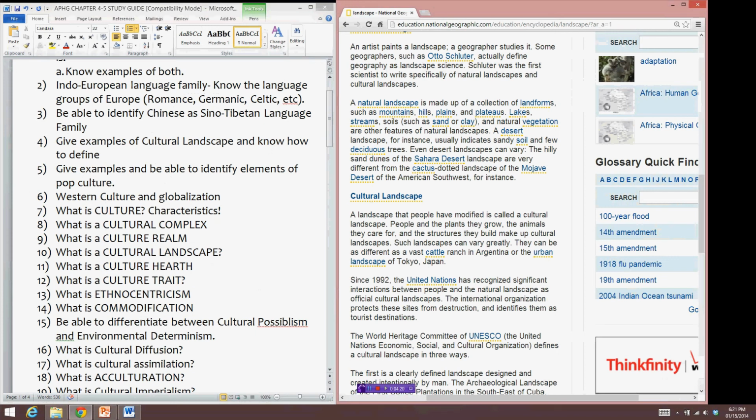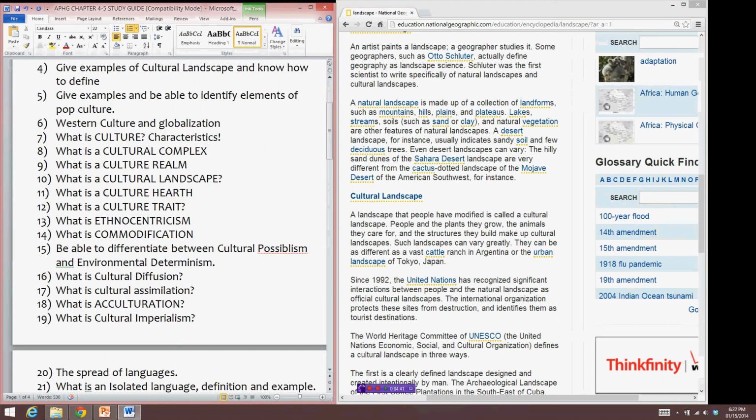Stuff like maybe the adobe ruins, maybe the Great Pyramids, anything, or maybe even something as simple as cemeteries and churches or mosques. These are all elements of the cultural landscape, or things that are a reflection of people's culture on Earth. That's what I'm looking for with the cultural landscape right there.